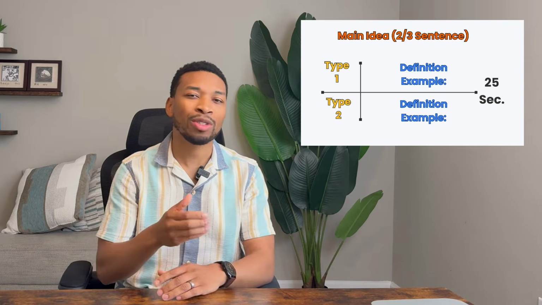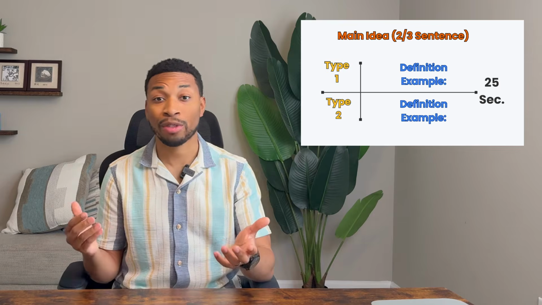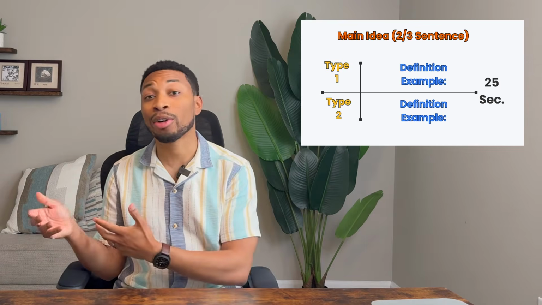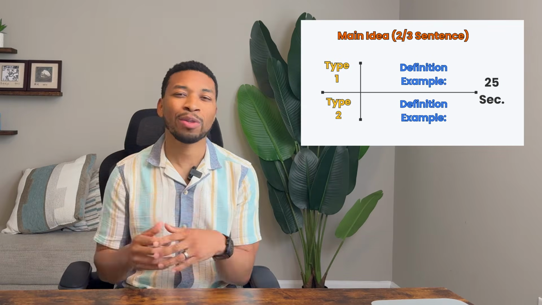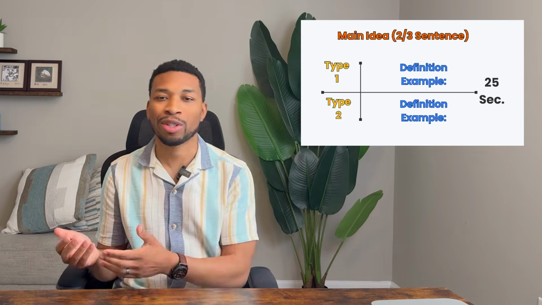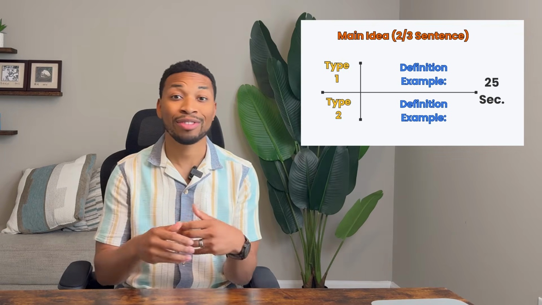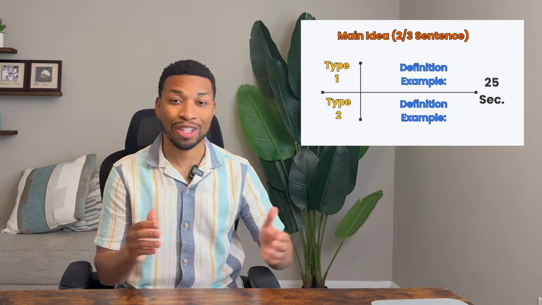I don't usually say, and he gives 2 examples, because those 2 types, 2 ways, or whatever, they already will have examples. So it's kind of confusing to say 2 examples here and then 2 examples later. So whatever it is, just say 2 types or 2 ways of whatever they're talking about.